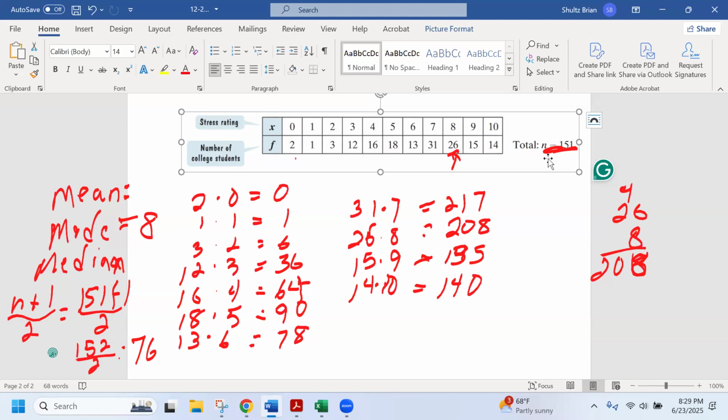So I'm going to count 76 from right here. 2, 3, 6, 18. 18 and 16 is 34. 34 and 18, 52. 52 and 13 is 65. 65 and 31 is way over 76. So 76 is going to be right in here. That's what my median is, 7. It is going to be the middle number.